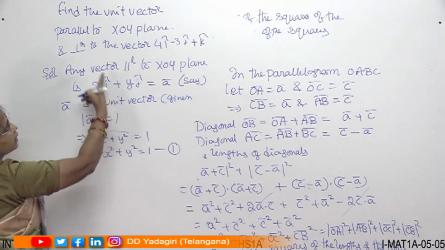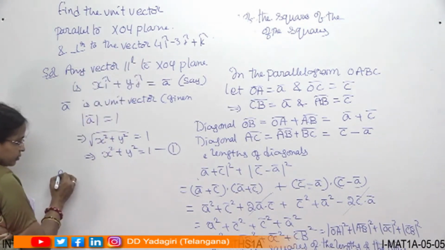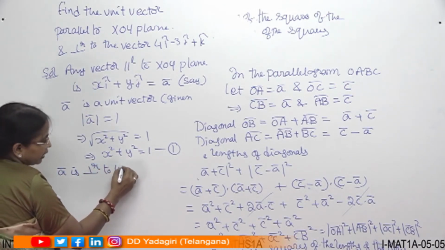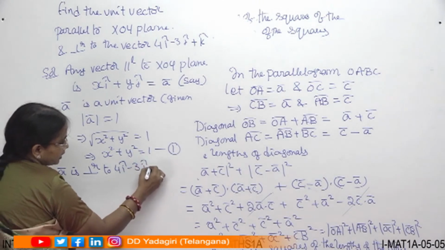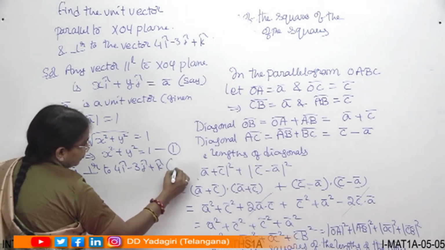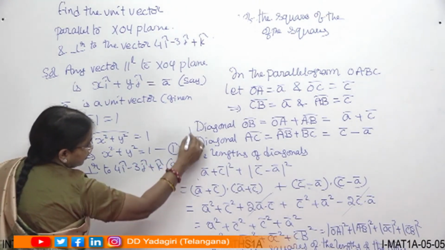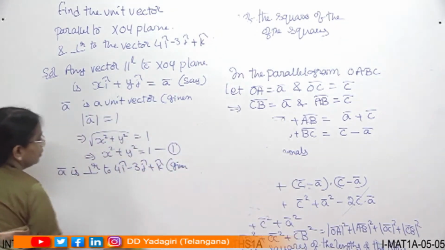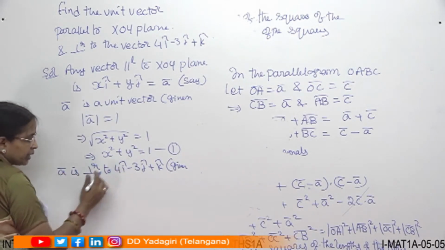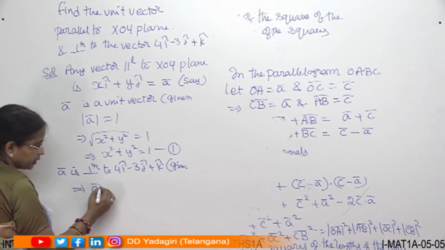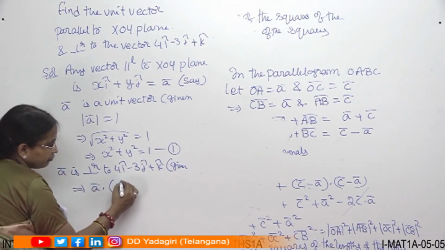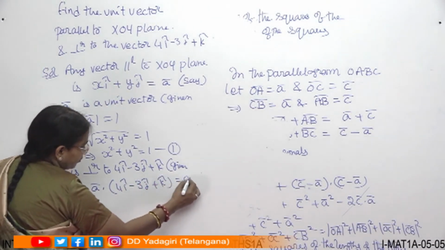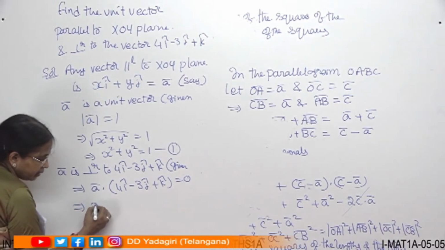Now this vector is perpendicular to this vector, so A is perpendicular to 4i minus 3j plus k. This is given. When any two vectors are perpendicular, their dot product is 0. So A dot (4i minus 3j plus k) is equal to 0. But A is xi plus yj.